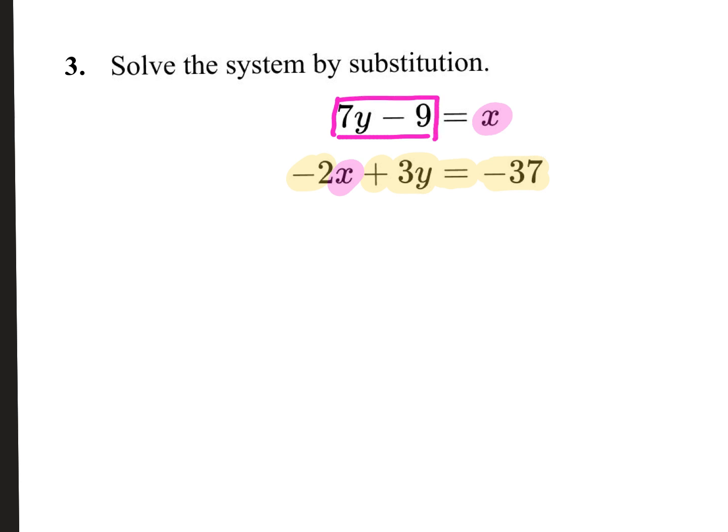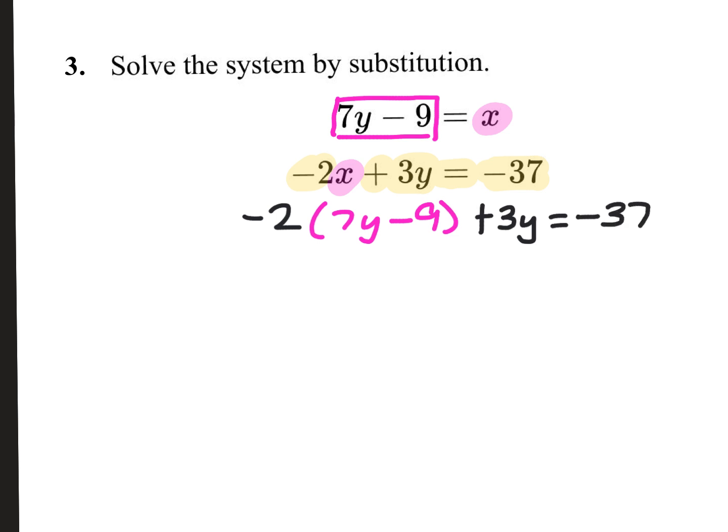So I'm going to write my negative 2. In parentheses, I'm going to write 7y minus 9. Then I'm going to bring everything else down. My plus 3y equals negative 37. Then I need to distribute. So I'm going to multiply.